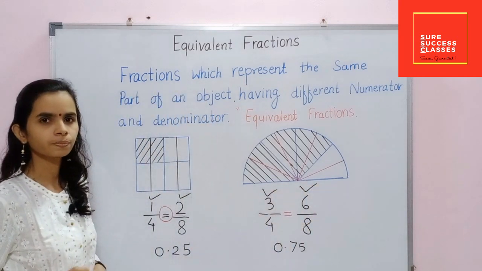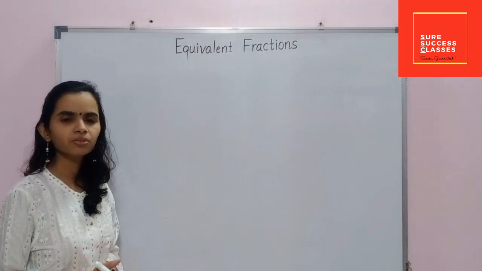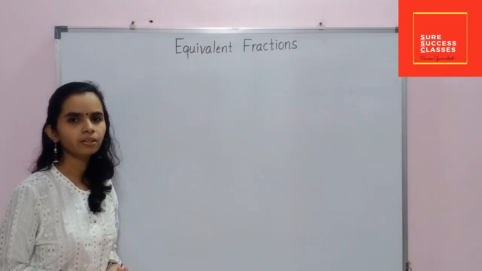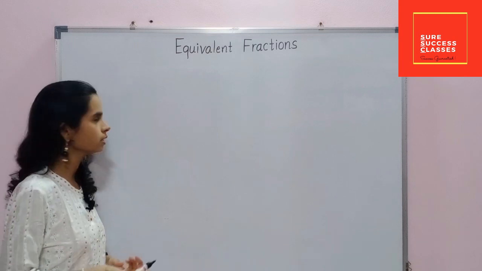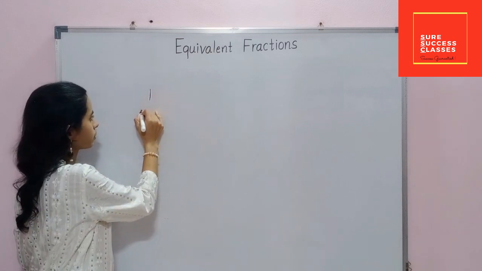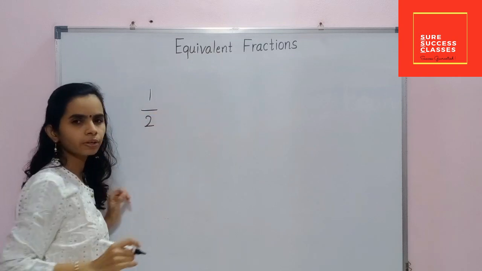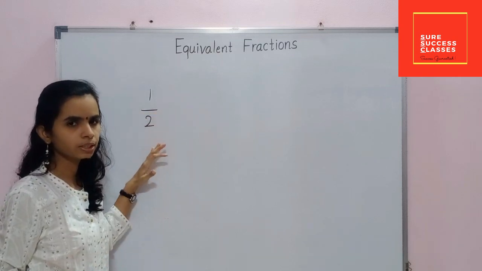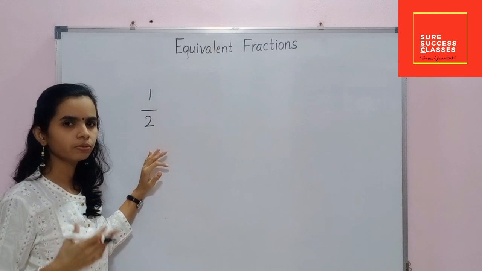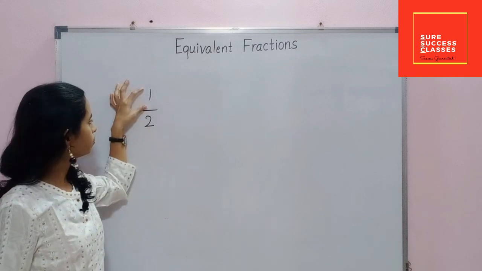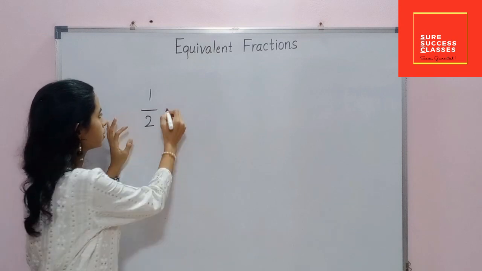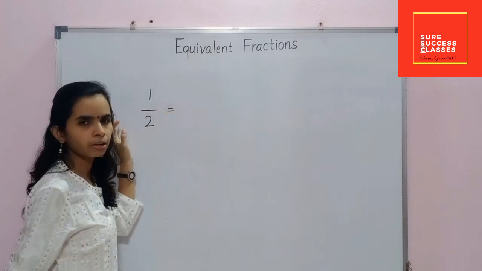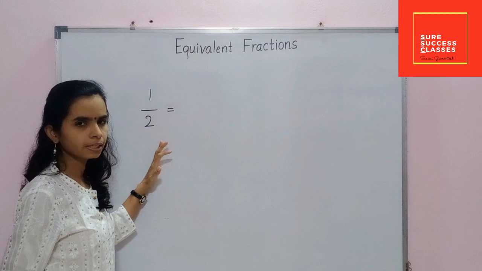Students, there may be a question in your mind: how can we find the equivalent fraction of a given fraction? If the given fraction is 1 by 2 and we have to find the equivalent fraction of this fraction, for that we will multiply the numerator and denominator by the same number. If we multiply by 1, then we will get the same fraction.